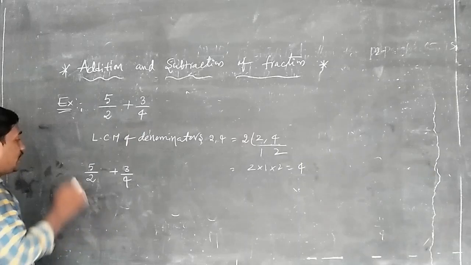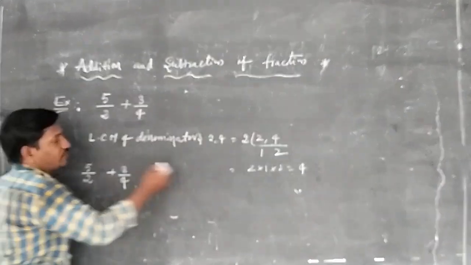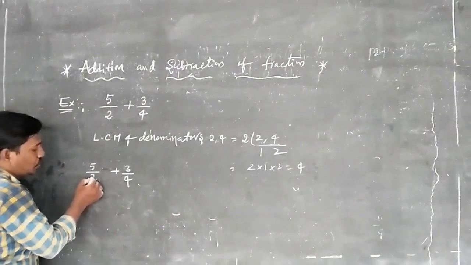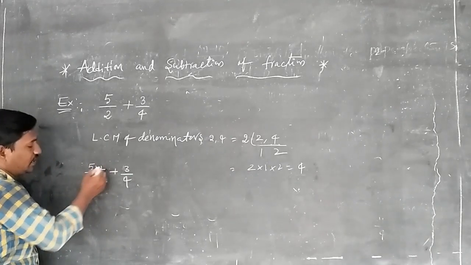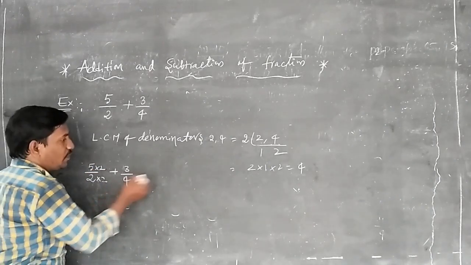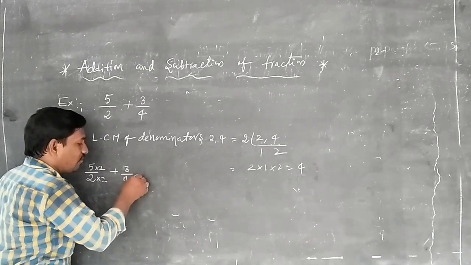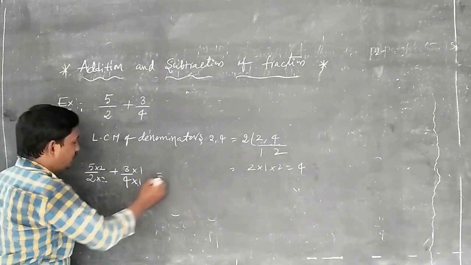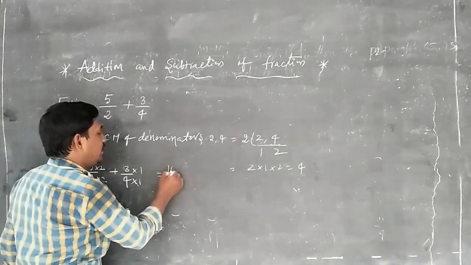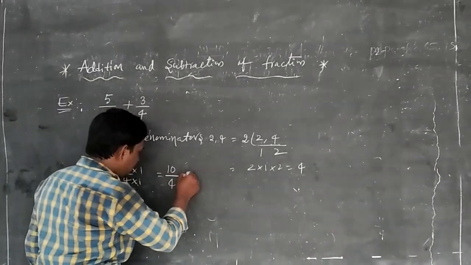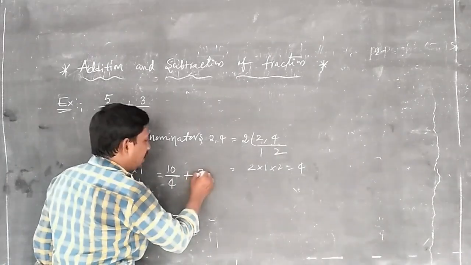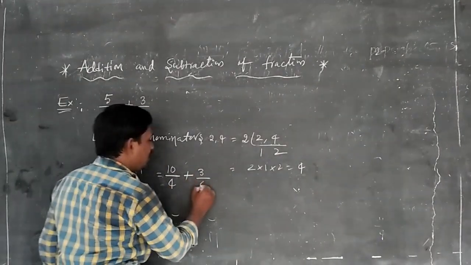Now if 2 becomes 4, 2 should be multiplied by 2, and the numerator 5 also. If 4 stays 4, we multiply by 1, the numerator also. Now 5 2s are 10 by 2 2s are 4 plus 3 1s are 3 by 4 1s are 4.